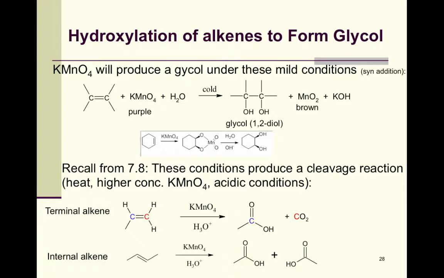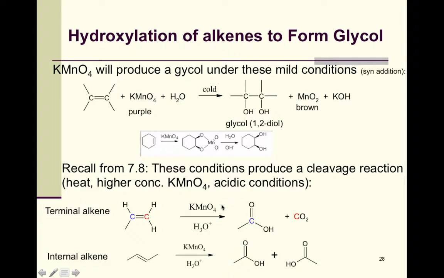What makes the top reaction with potassium permanganate different than the bottom one are the other conditions involved. If you have potassium permanganate under mild conditions, so that would be, for example, a low concentration of potassium permanganate, water, and cold conditions, so this would be done in an ice bath, for example, you get a 1,2-diol.